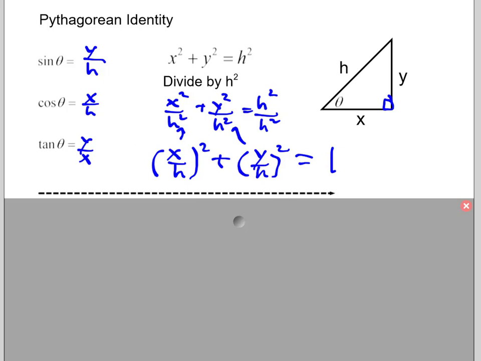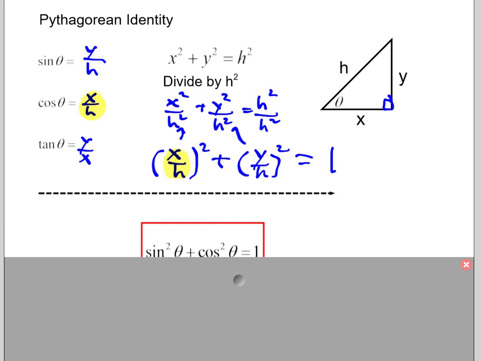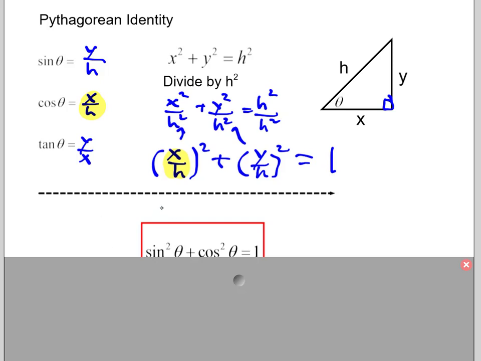And now I'm going to take my isolated trig ratios on the side here. So notice x over h, x over h. So I'm going to replace x over h with cosine. Okay, so I'm going to go back in here, grab a pen, not a crayon. And so this becomes cos theta in a bracket all squared.